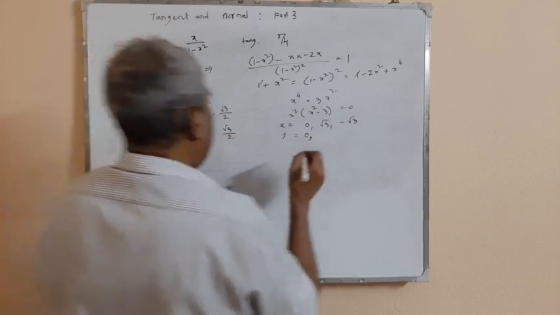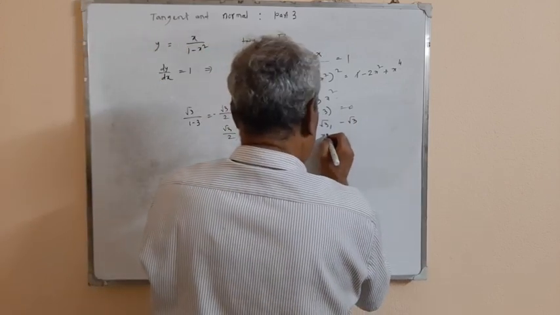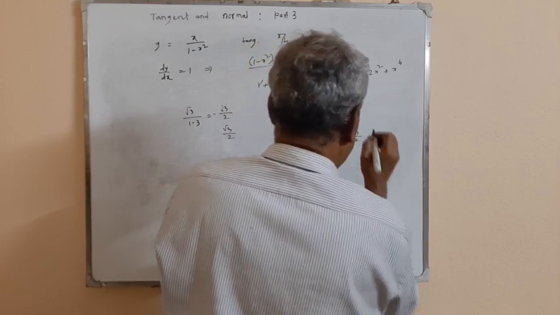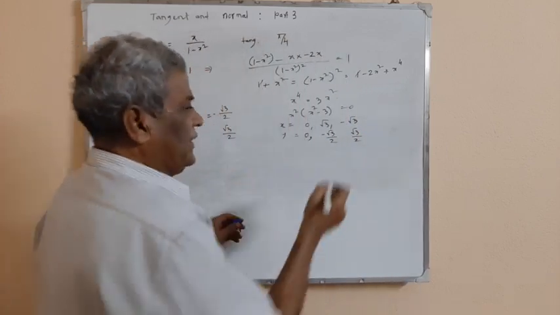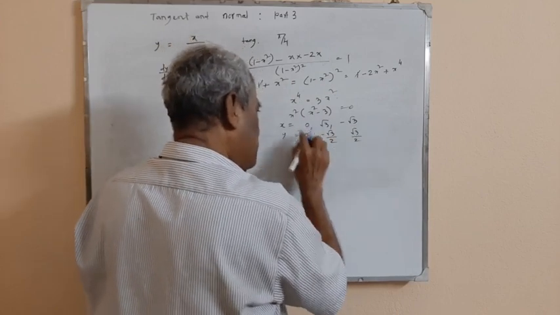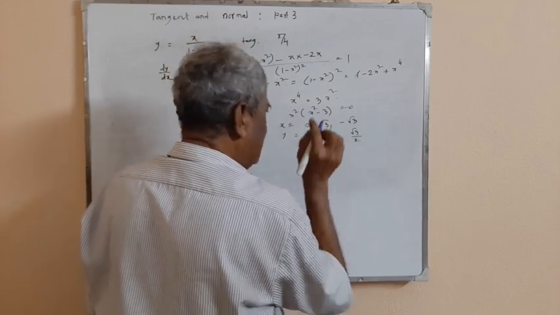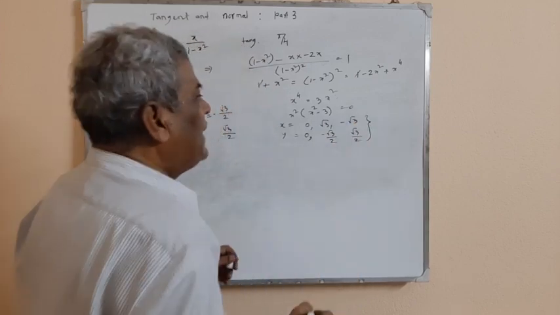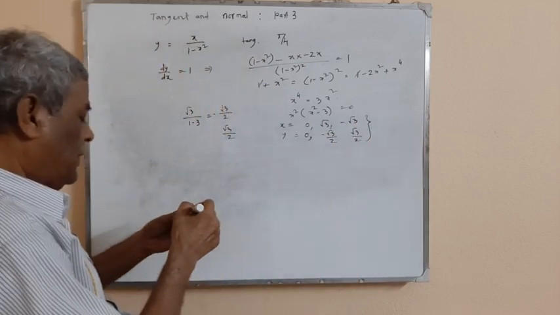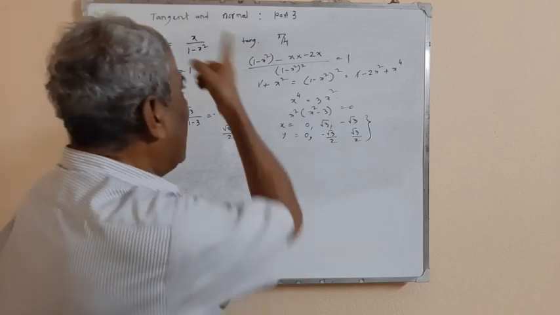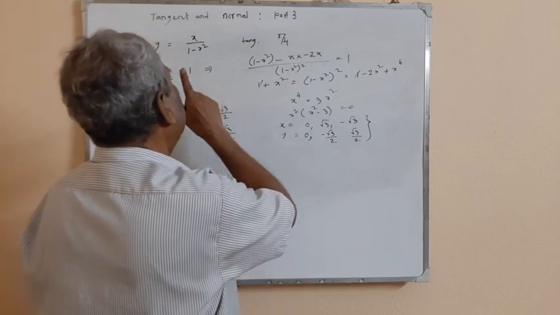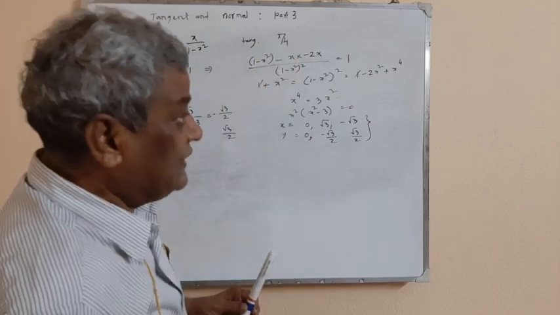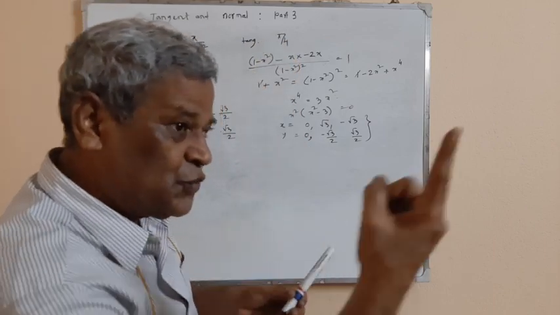So points are minus root 3 by 2 and root 3 by 2. So at these 3 points, one is 0, 0, other is this and that, other is this and that. At these 3 points, we have to find the equation of normal. Because as the tangent makes an angle pi by 4, that is its gradient of tangent is 1.